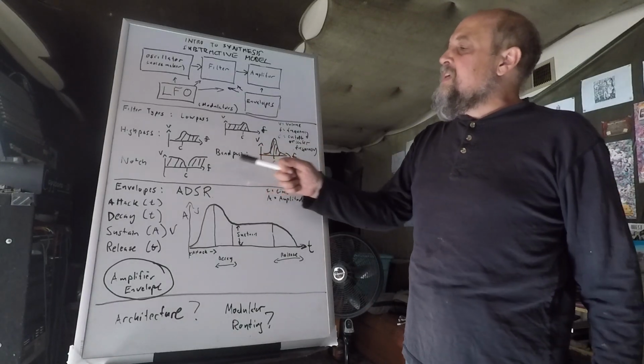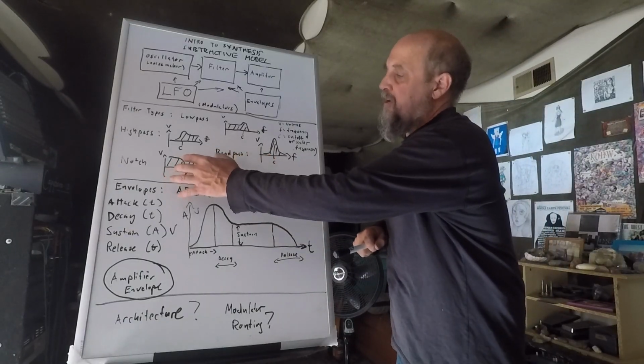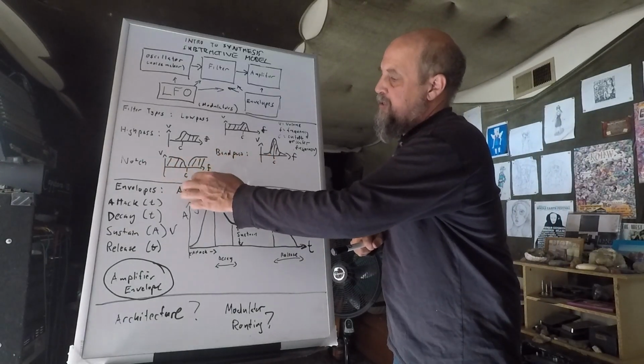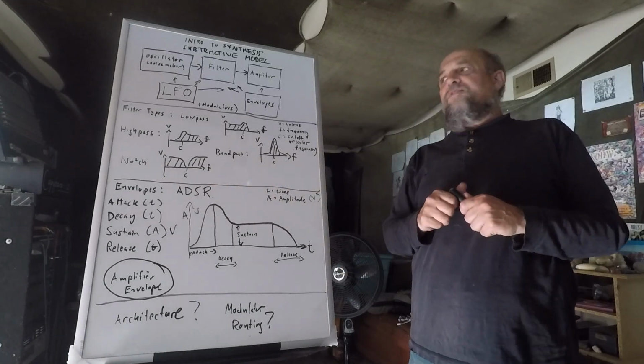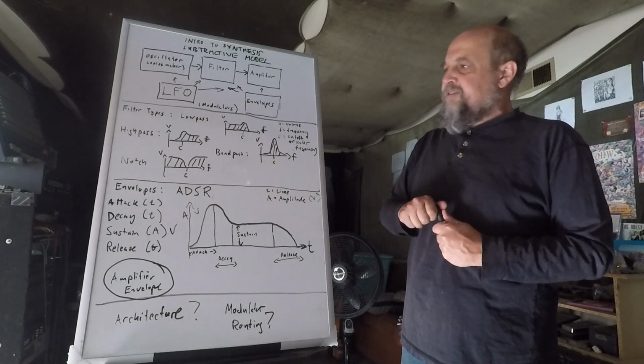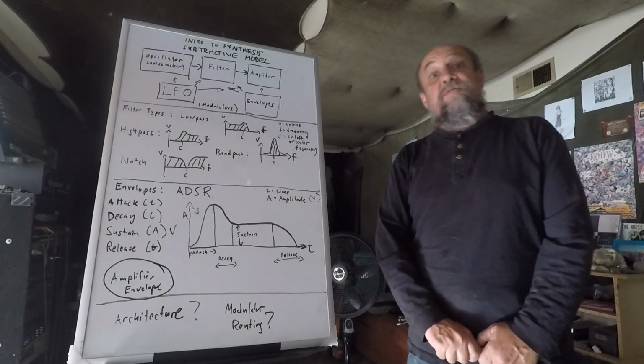And the notch is the mirror image of the band pass filter. It lets everything through except for a notch of frequencies centered around a center frequency. We're going to see these in analog, and you're probably going to see these again and again in not only subtractive synthesizers, but all kinds of other synthesizers too.